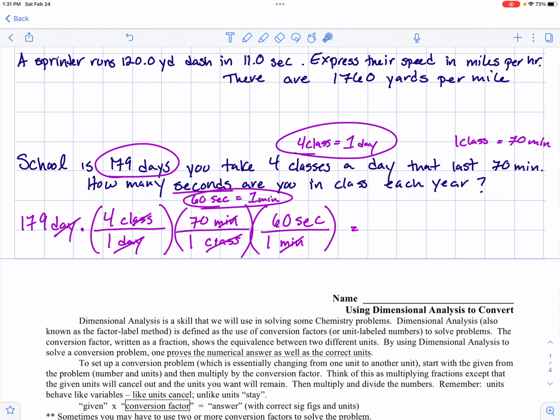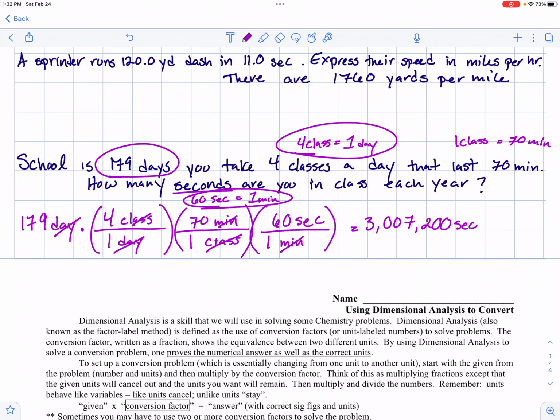It's not always going to be divided by 1. It just happens to be so in this particular example. That I spend, or you spend, or we spend about 3,007,200 seconds in class each year, or in class for those 179 days of school that we have.